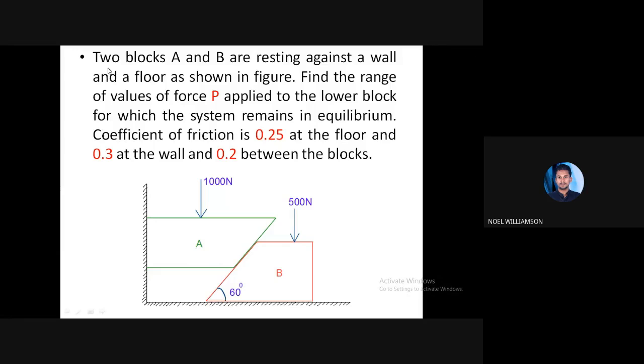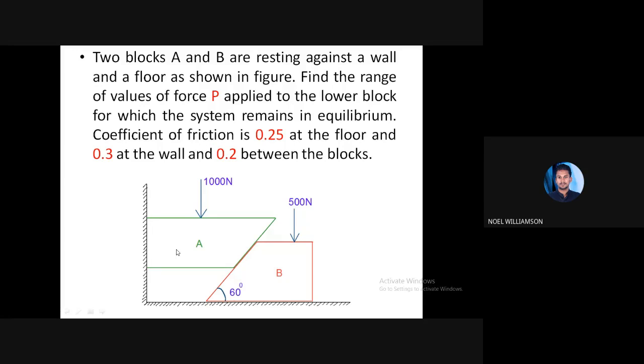Take down this question. Two blocks A and B are resting against a wall and a floor as shown in the figure. Find the range of values of force capital P applied to the lower block for which the system remains in equilibrium. Coefficient of friction is 0.25 at the floor and 0.3 at the wall and 0.2 between the blocks.